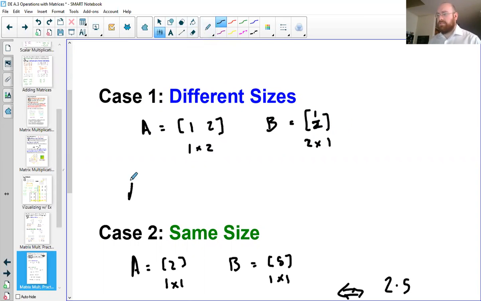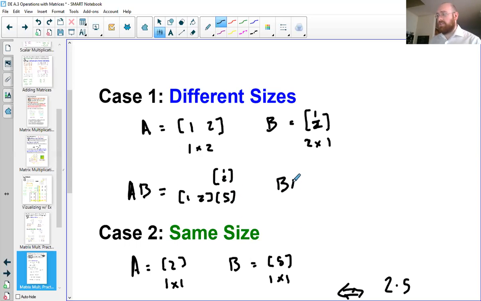If we multiply these, A times B, we would have 1, 2 times 1, 2. And so 1 times 1 is 1, 2 times 2 is 4. We get the matrix product 5.